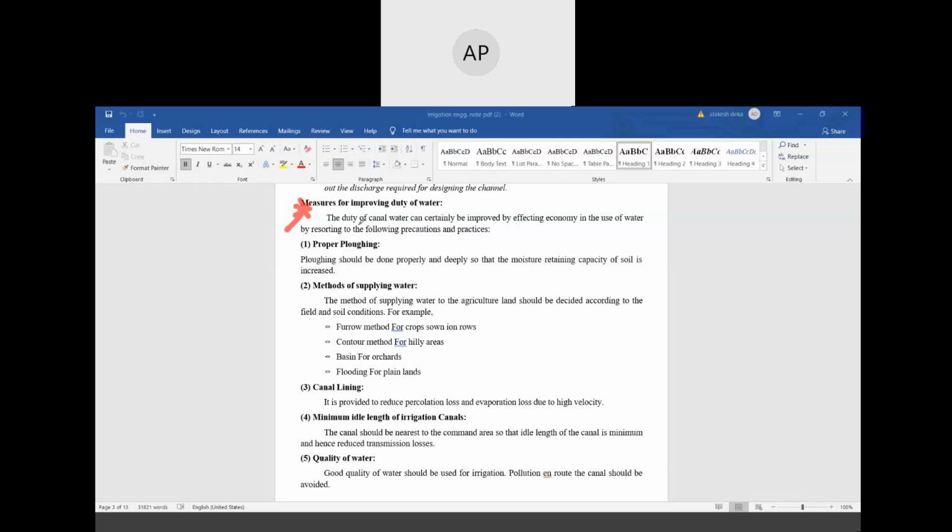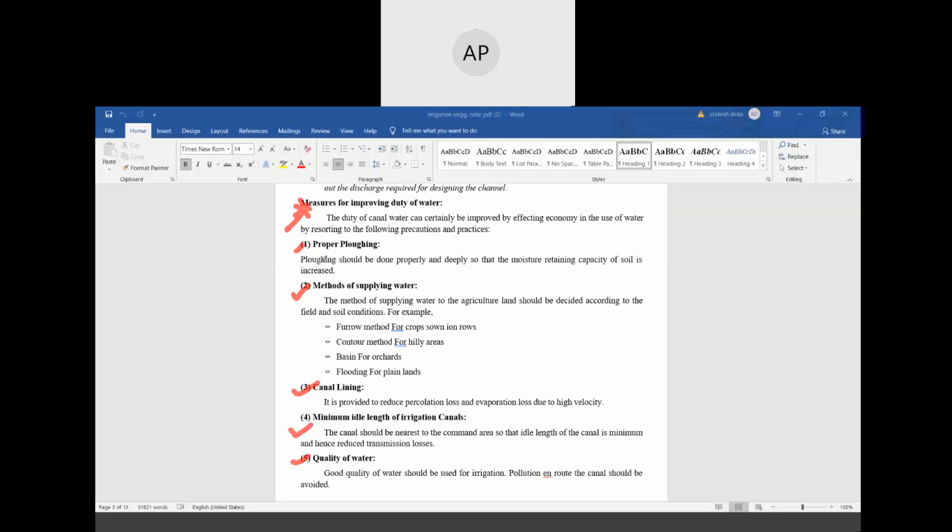The duty of canal water can certainly be improved by effecting economy in the use of water by resorting to the following precautions and practices: proper plowing, method of supplying water, canal lining, minimum ideal length of irrigation canal, quality of water.